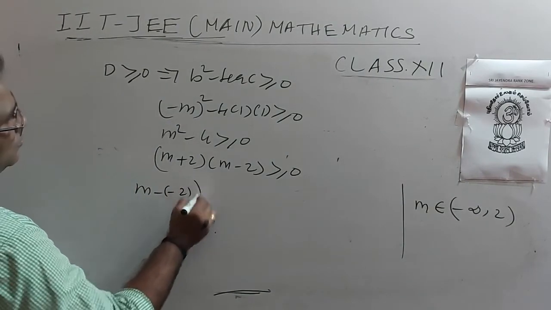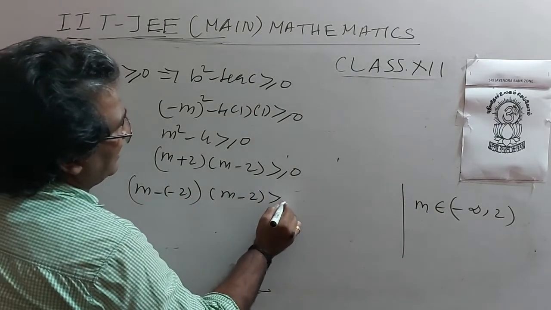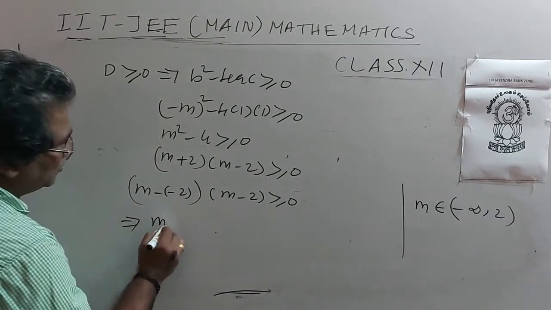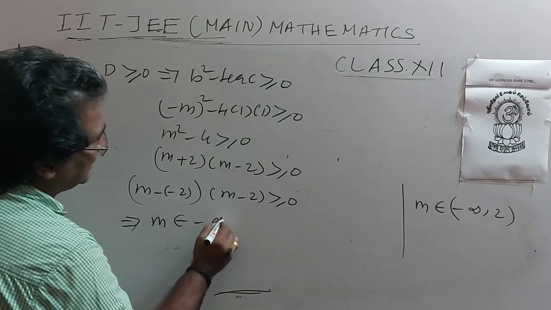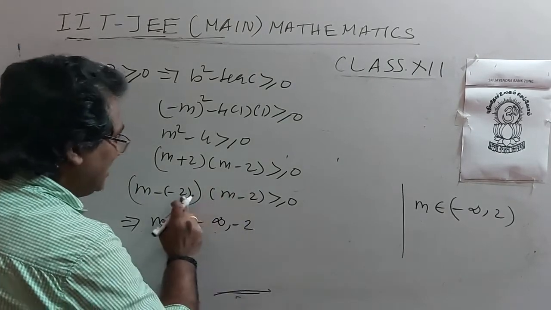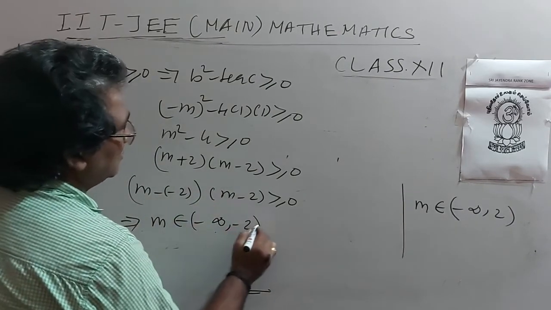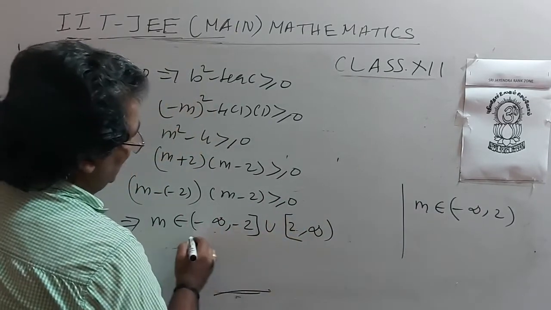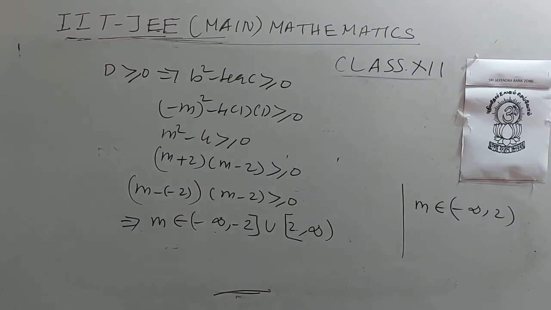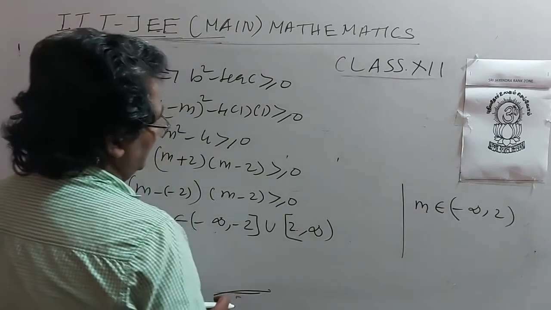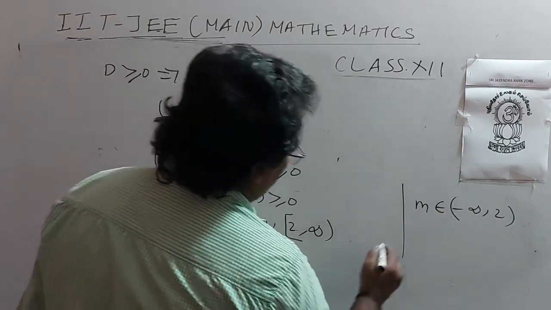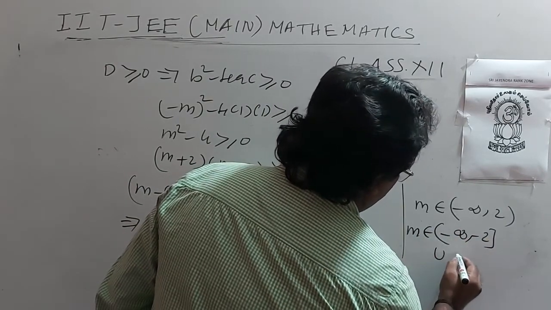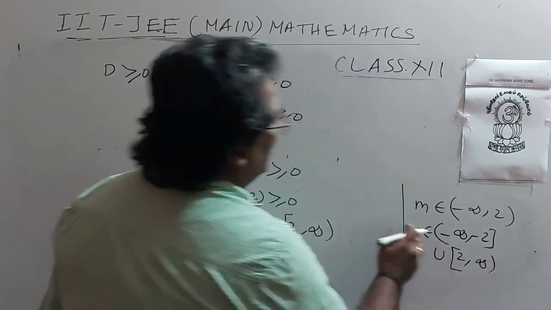Which means m belongs to minus infinity comma minus 2 union 2 comma infinity, including minus 2 and 2. Another result we have found.